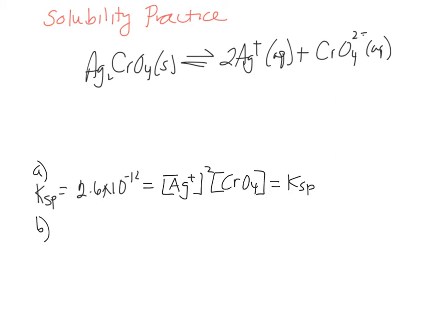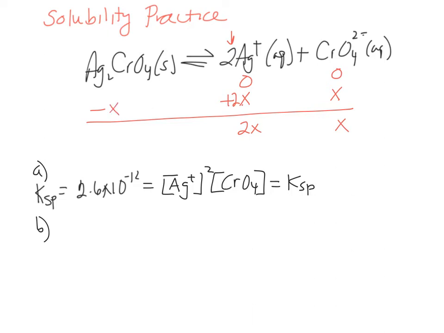For part B, we know we're going to need to have some quantities. So if we start off with none of these, we're going to add x. Actually, we're going to add 2x to that one and x to this because of that 2. And at equilibrium, we're going to have x and 2x of this, and we will have subtracted x moles of that.